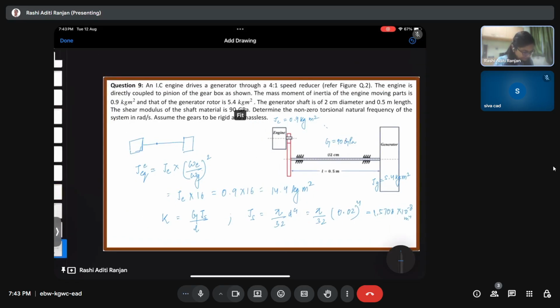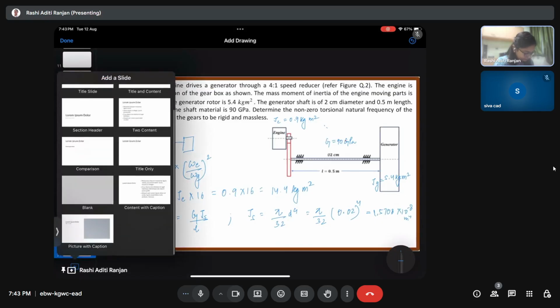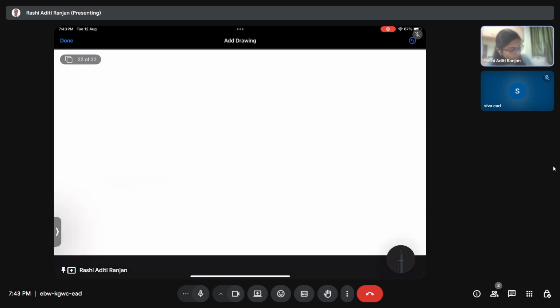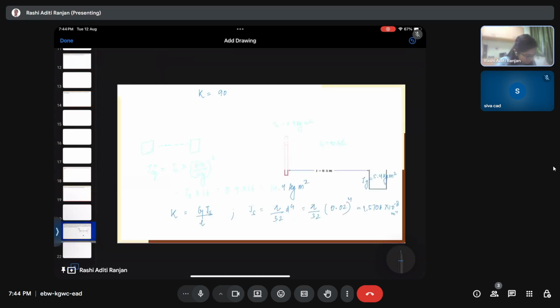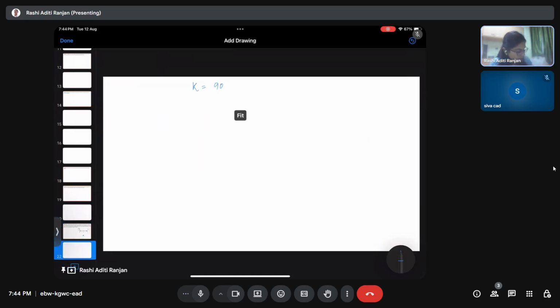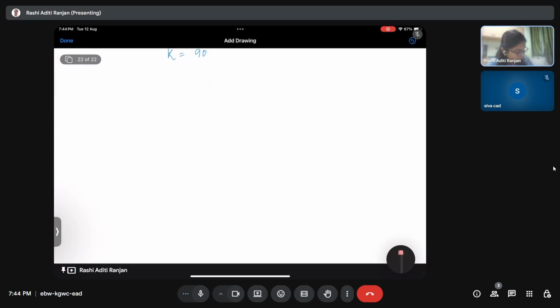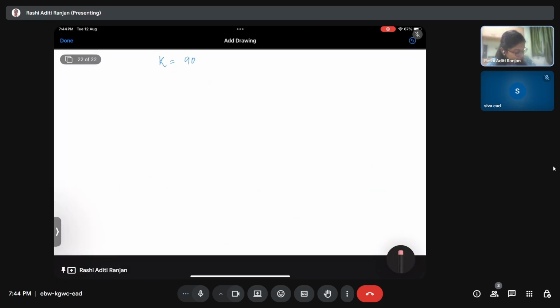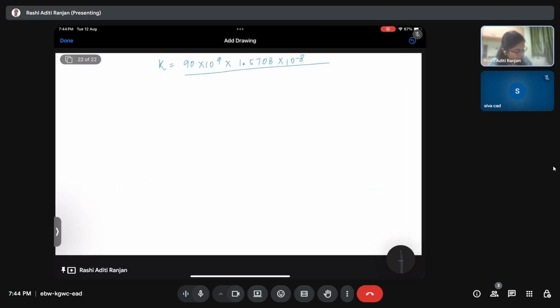So K is going to be G, which is, let me check, G is 90 gigapascal, 90 times 10 to the power 9, into 1.5708 times 10 to the power minus 8, divided by L, which is 0.5 meters.